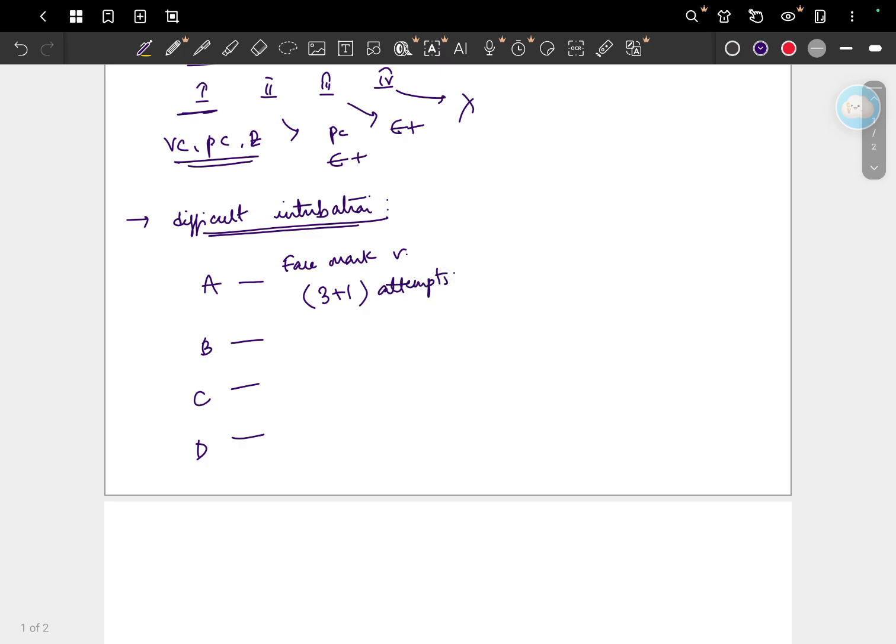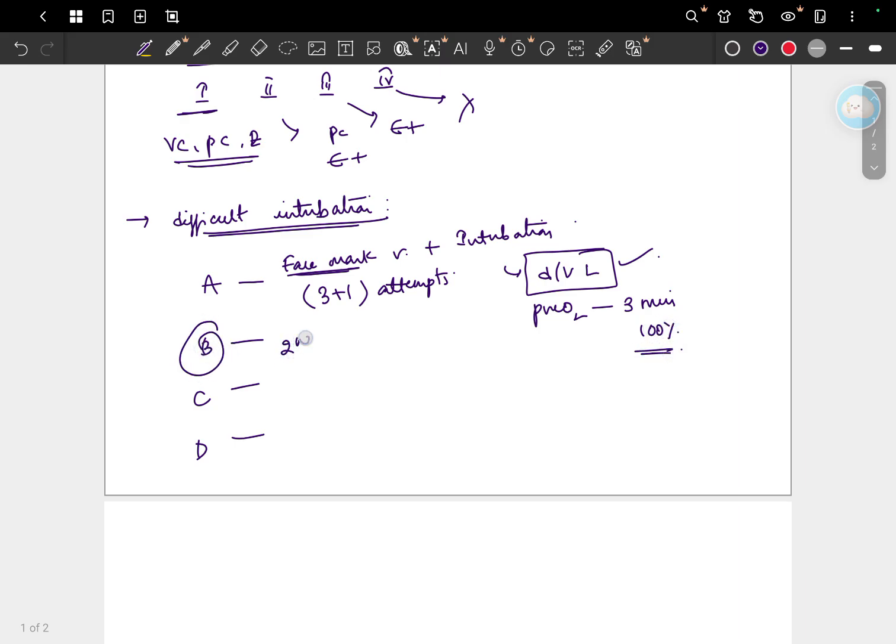So these are the max attempts that can be used. Face mask ventilation plus intubation. Also we will use direct or video laryngoscopy assistance. Here we will give pre-oxygenation also, 3-minute, 100%.